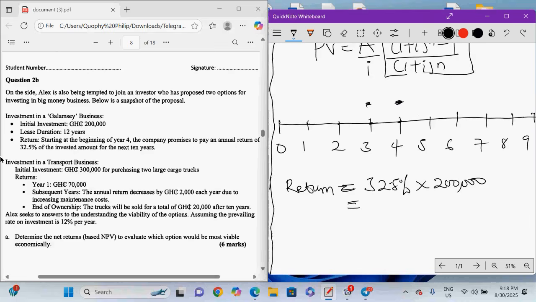So what will be the amount? $65,000. So 65,000 is the return. So it is starting from the beginning of year 4, which is 65,000.